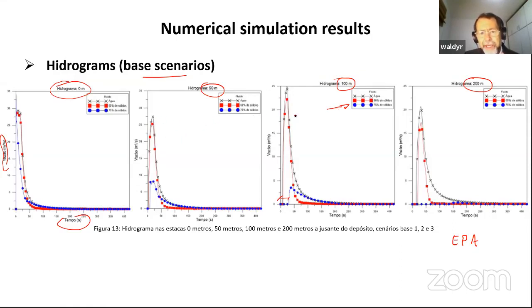the hydrograms related to water will be the ones that are the highest, because of course this is material that flows very fast. So in this case, because it flows very fast, the flow rate is high.